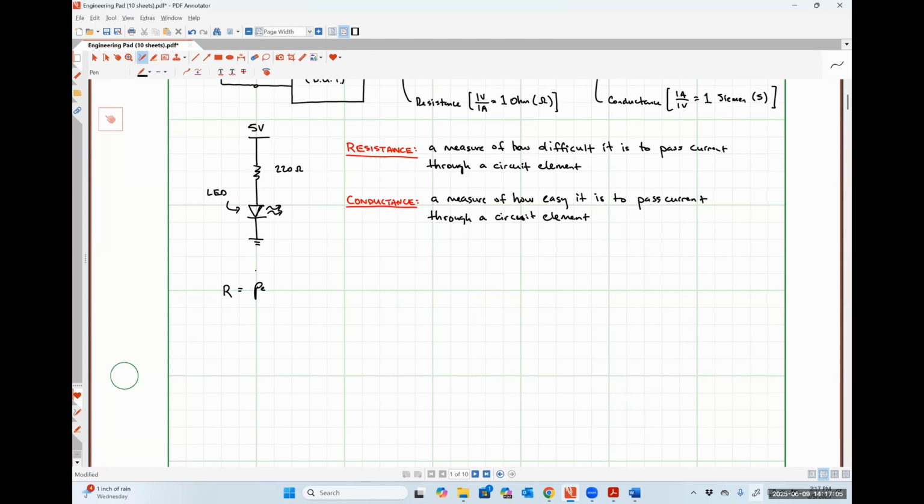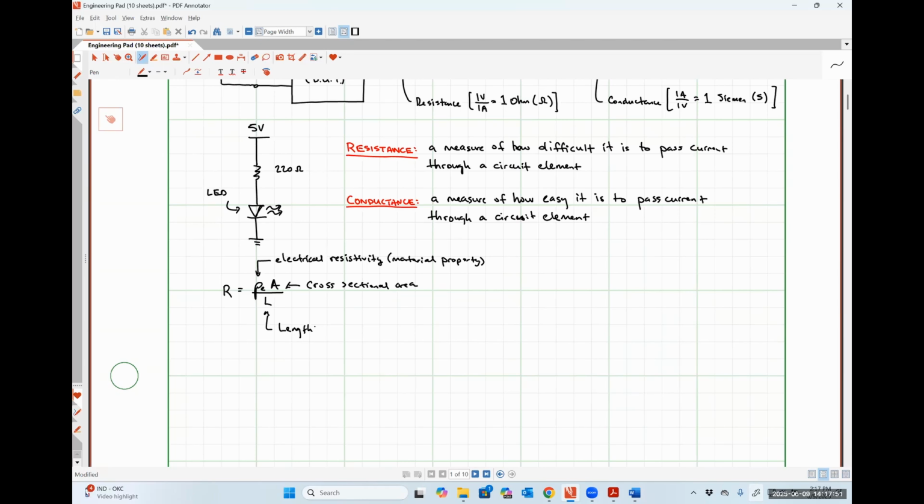So I'm going to put a note here. Multiplied by the cross-sectional area of the medium, divided by L, which is just the length of the medium.